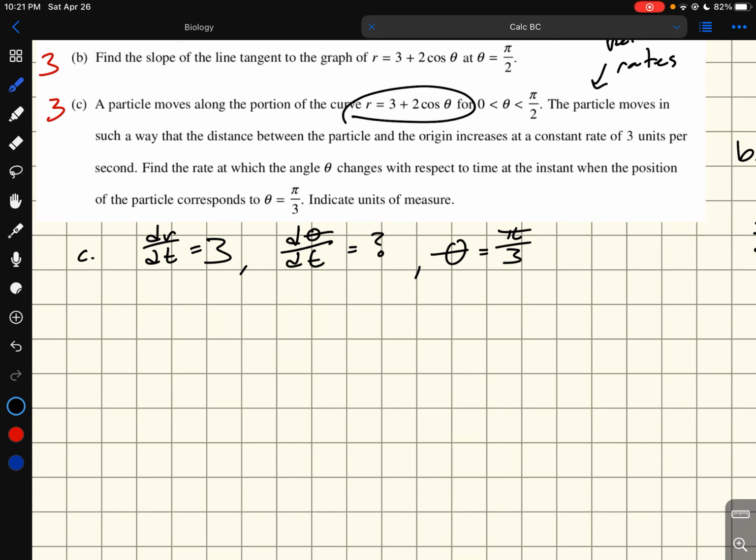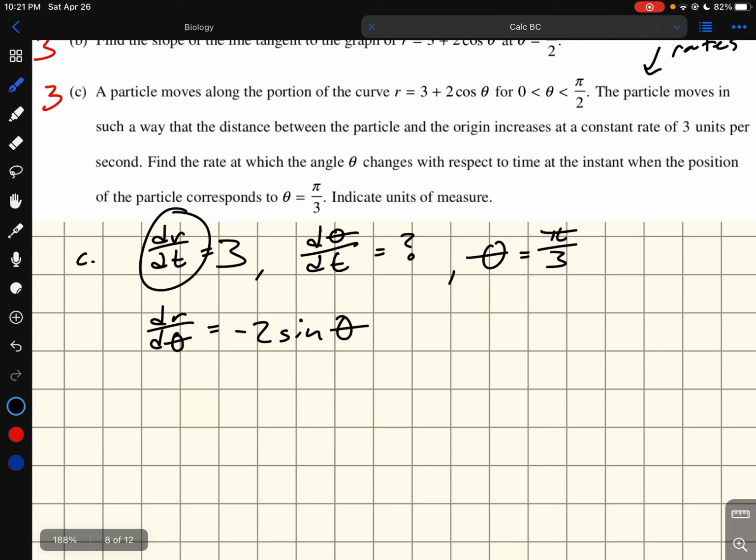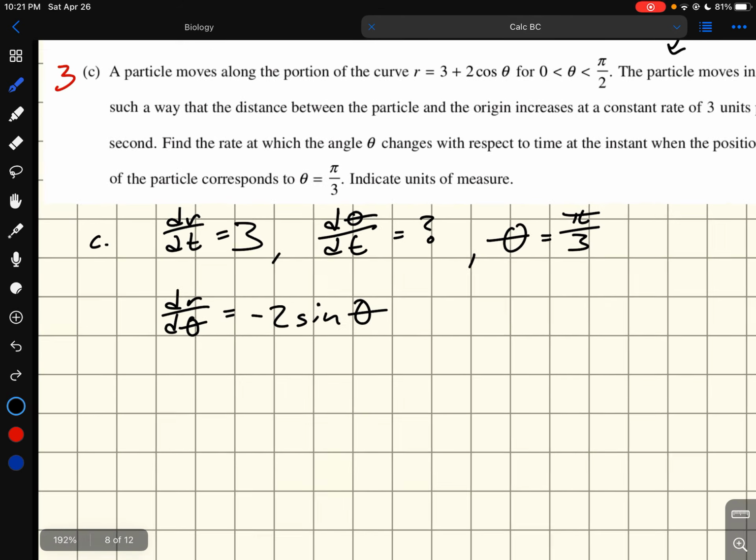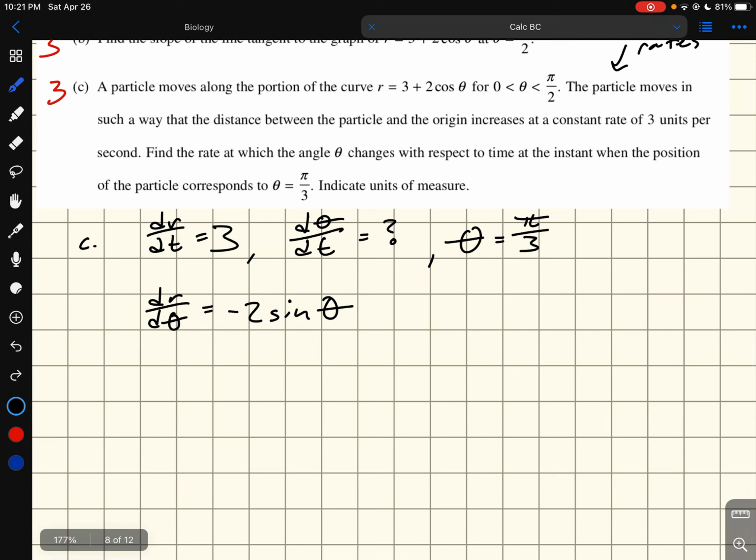If we take the derivative of r, we get dr d theta, which is -2 sine theta. This is a bridge between the two, because dr dt does not have a theta measure in it, but this one does.